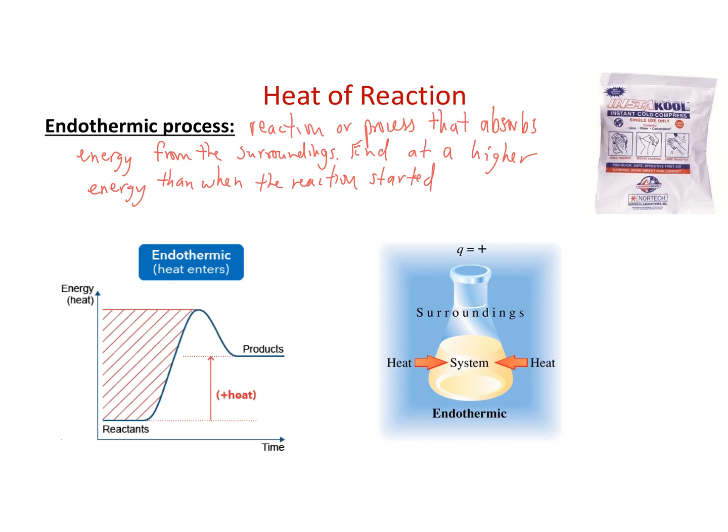And so as a result, here's the energy that we're starting at for our reactants. We're going to absorb energy during the course of that reaction, and we're going to end up at a higher energy with our products in an endothermic reaction. And the sign for that would be a positive Q, because we're ending at a higher energy, so I must have absorbed energy during the course of that reaction.